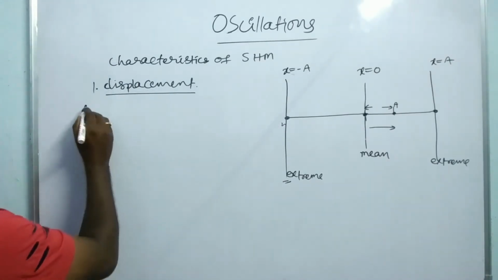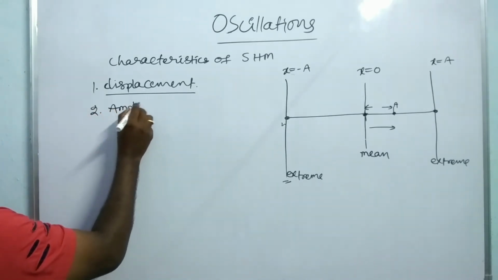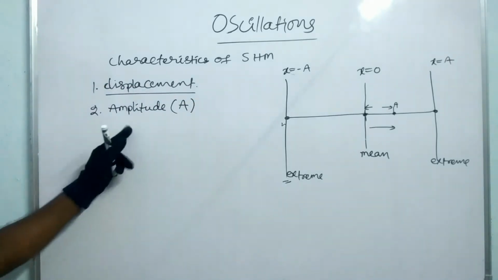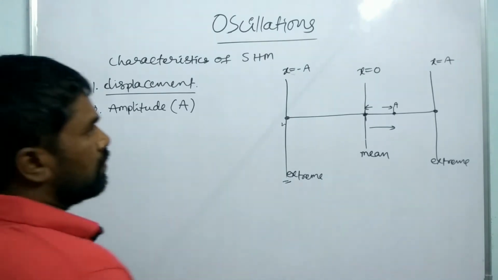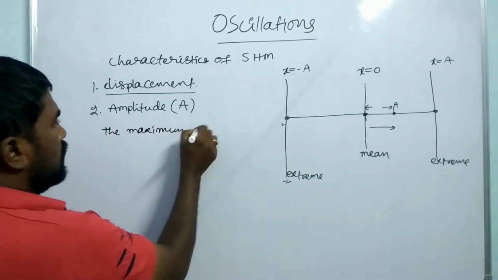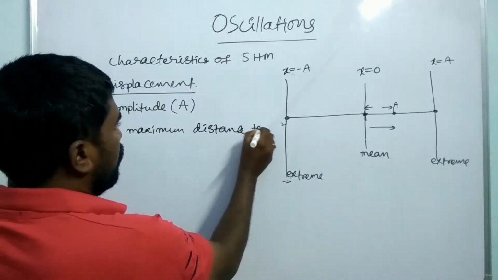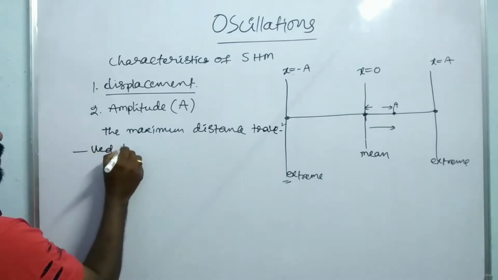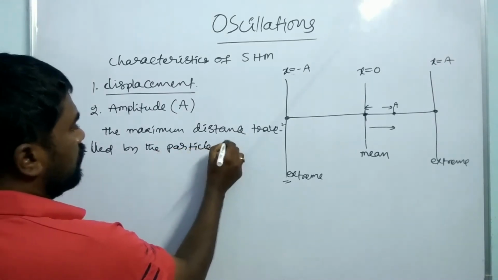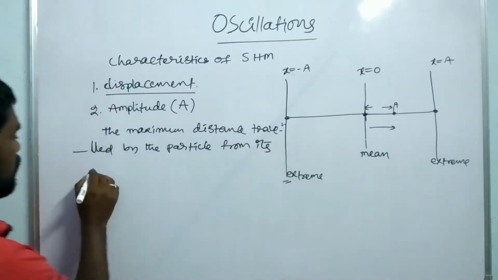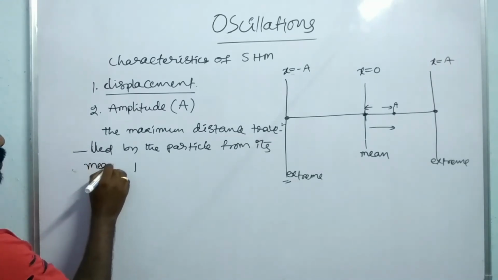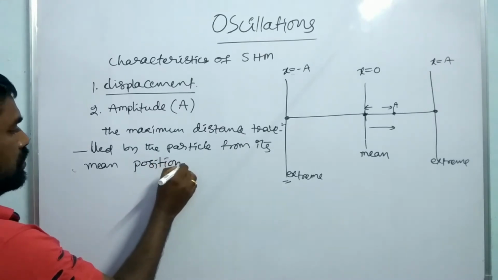It is denoted by the capital letter A. The maximum distance traveled by the particle from its mean position is called its amplitude, the maximum displacement.